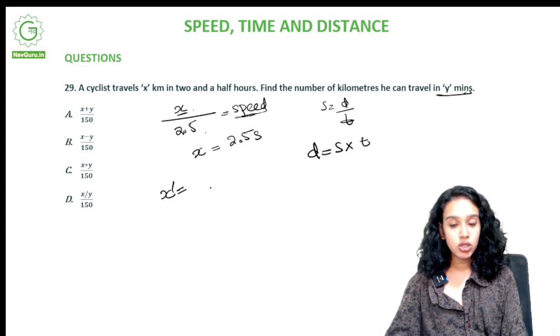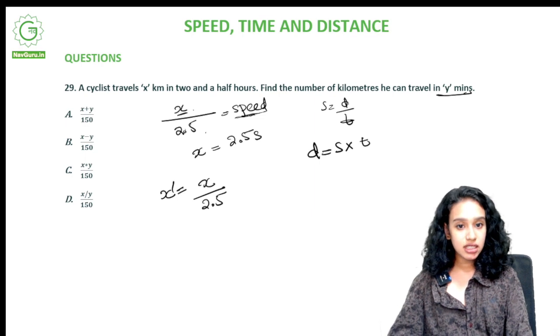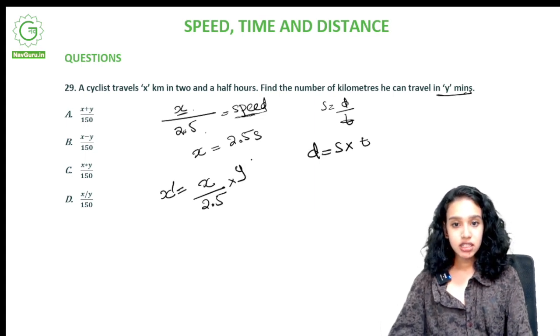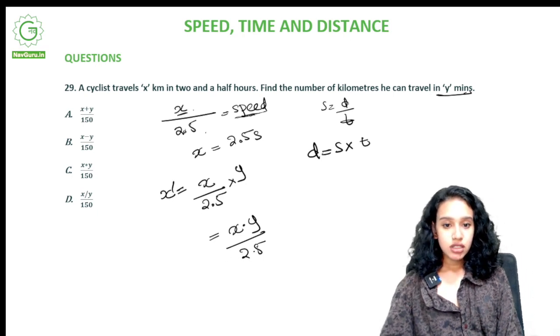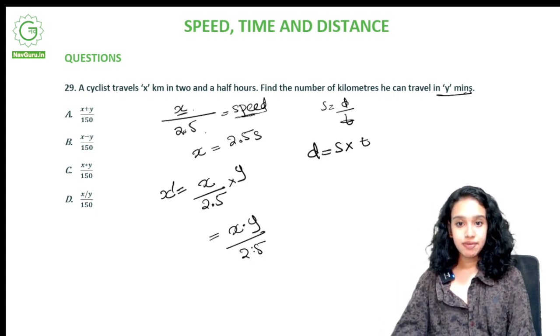We have to find the new X, so X dash would be equal to the speed of the cyclist, X by 2.5, and the time taken is Y. So this would be equal to X into Y by 2.5.